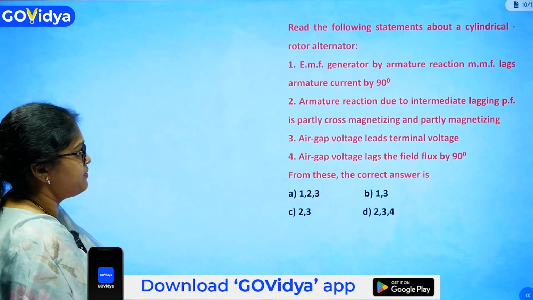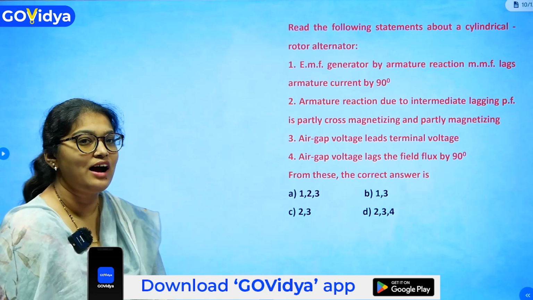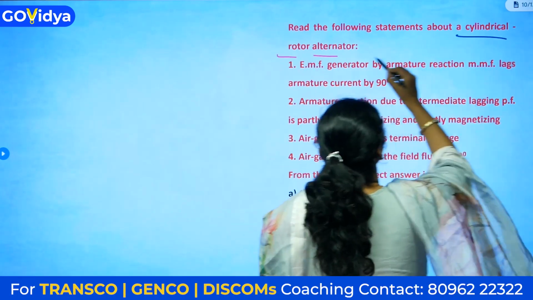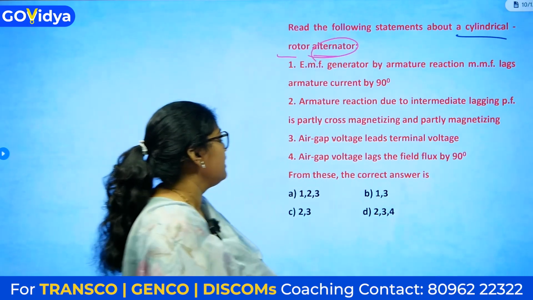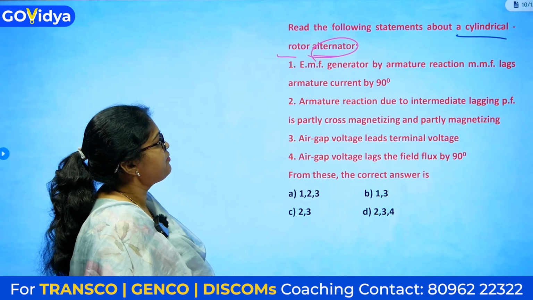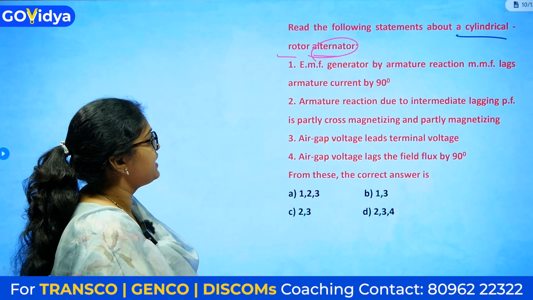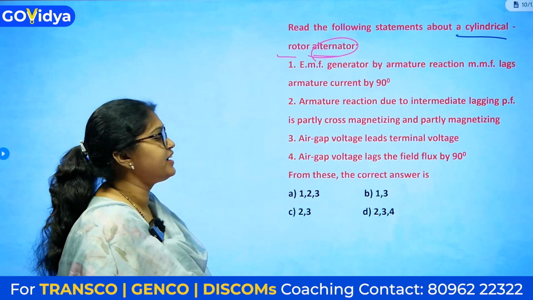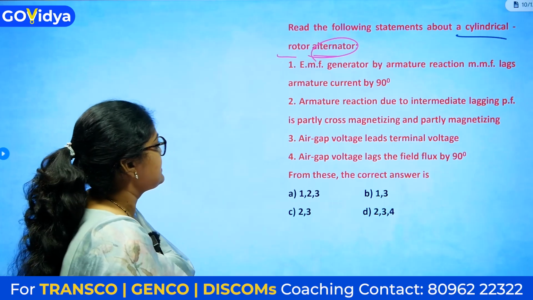Read the following statements about cylindrical rotor alternator. Cylindrical rotor alternator. This is generator. The first option, if you see, EMF generated by armature reaction MMFs lags armature current by 90 degrees. Clear?